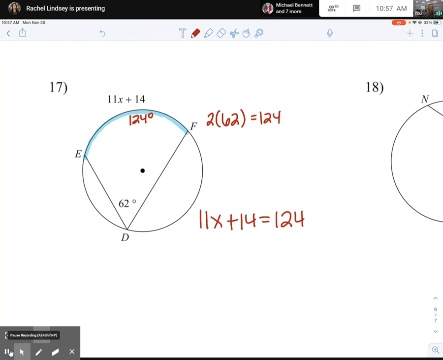So subtract 14. Have 11x equals 110. And what's 110 divided by 11? 10. So x equals 10.